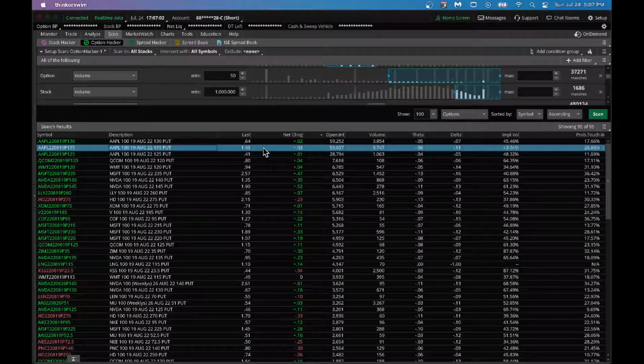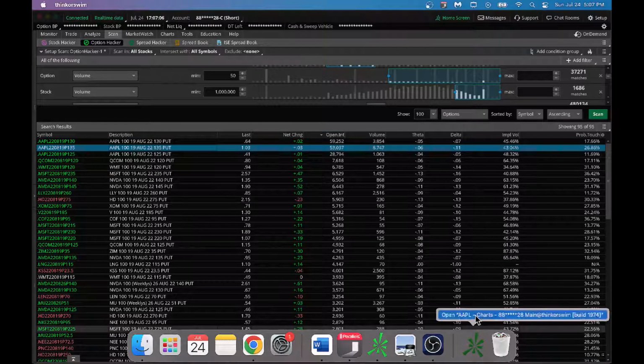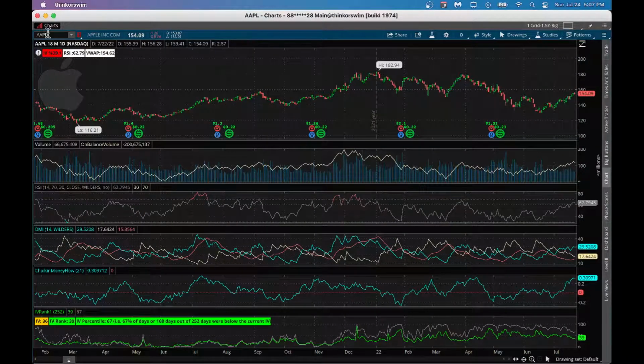So we could also bring in a chart here for Apple, and you can look at the chart also. Look, we got Apple chart here, and stock is trying to go higher, as you can see here. Nice uptick here, I like it, and momentum is high, on-balance volume is going higher. And look, we got IV rank 39%.